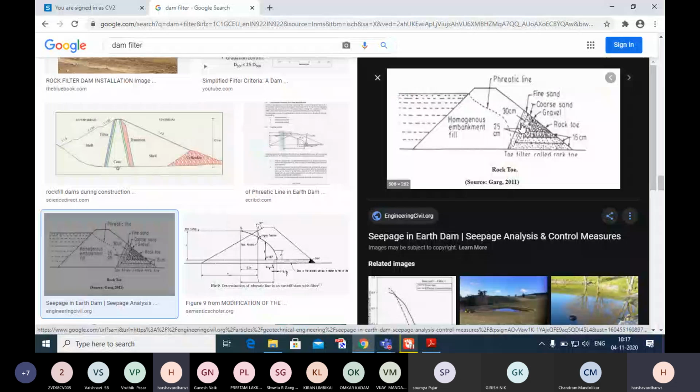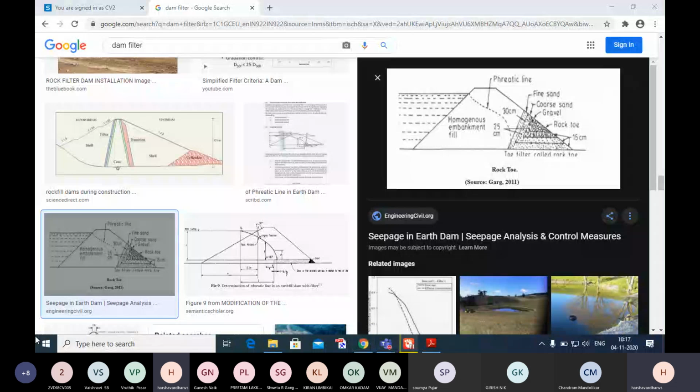At the starting, the material used is finer, and as you go through the depth of the filter, the size of the material is going to increase. The first layer is fine sand, the next layer is coarse sand, the next layer is gravel. So the particle size is increasing through the layers.